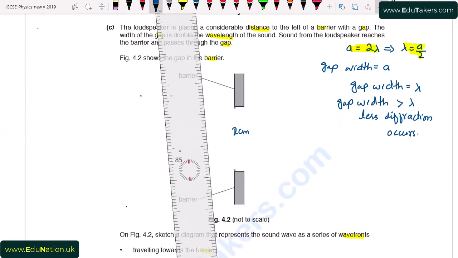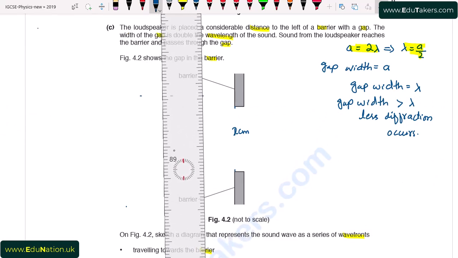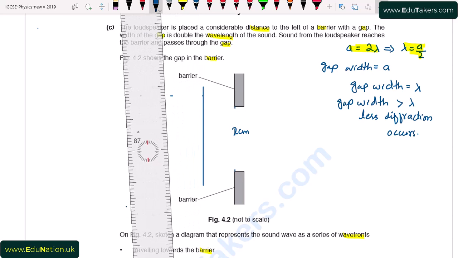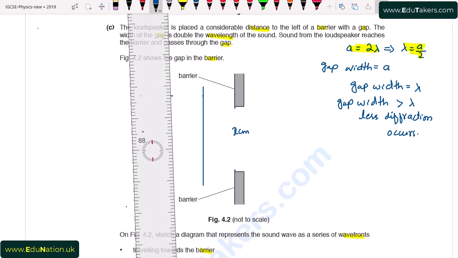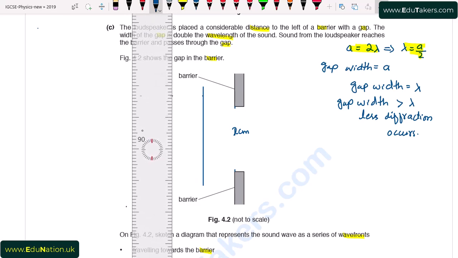So when I draw these wavefronts, it is second.